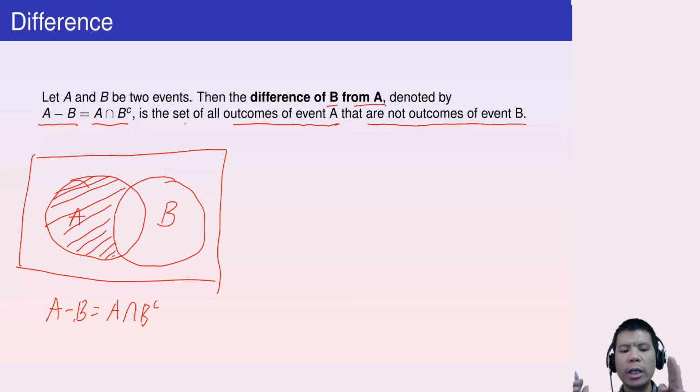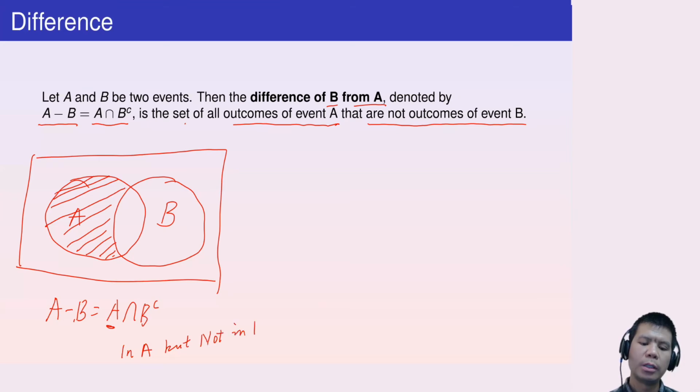Basically, we exclude the intersection from A because the intersection also belongs to B. Right, so that is the set of all the outcomes of A that are not outcomes of B. In other words, it is in A, but not in B. All right, A intersect B complement, the elements that are only in A, not in B.